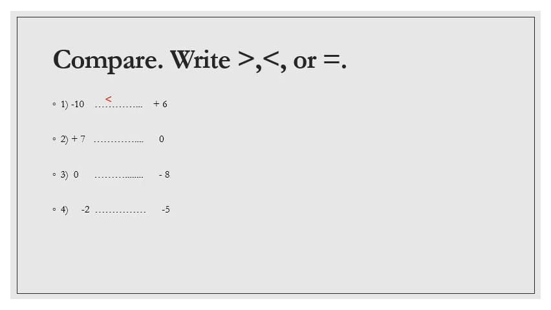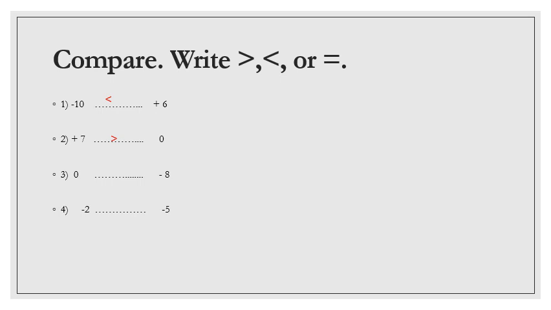Now in example number 2, I want to compare positive 7 with 0. We know a positive integer is greater than 0, so I'll use this sign: positive 7 is greater than 0. Now I want to compare 0 and negative 8.